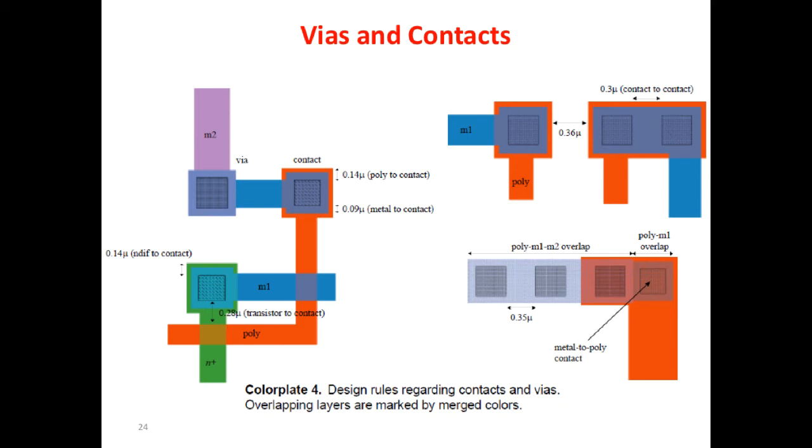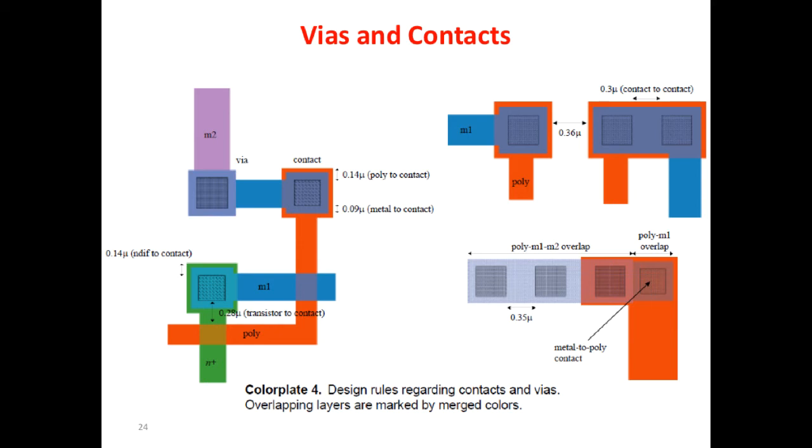For example, in this case, you have contacts and vias. For example, you have poly and the metal, and you want to connect the poly with the metal through a via. You have to make a hole in the poly and in the metal, and to put tungsten typically in the hole, tungsten as a good conductor.